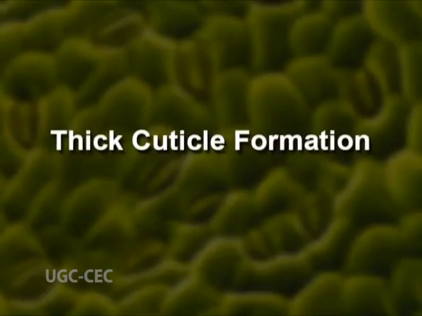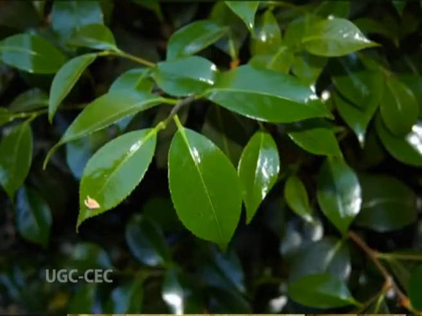Thick cuticle formation. Some plants have a thick cuticle formed on their leaves. These leaves have a shiny and waxy leaf blade that covers the effect of transpiration factors. Hence, the rate is very low.